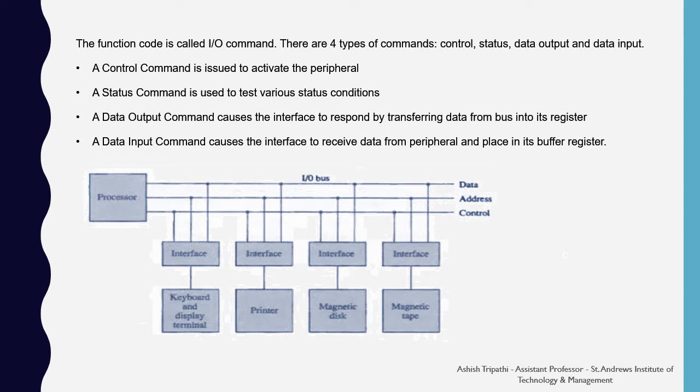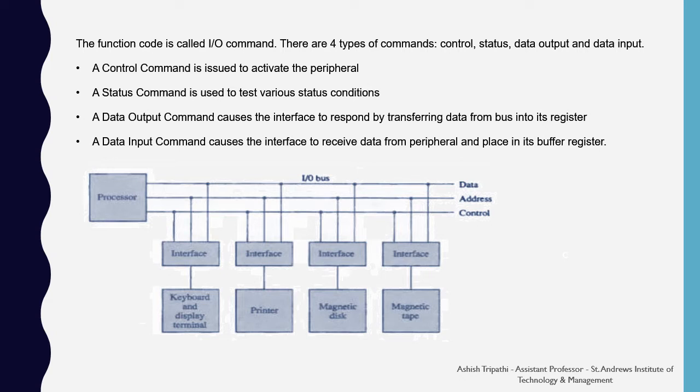So here you can see in the diagram that there is a processor and it has three buses, namely data bus, address bus and control bus. All of these three buses are connected to the interface which has the respective peripherals like keyboard, printer, disk and tape.